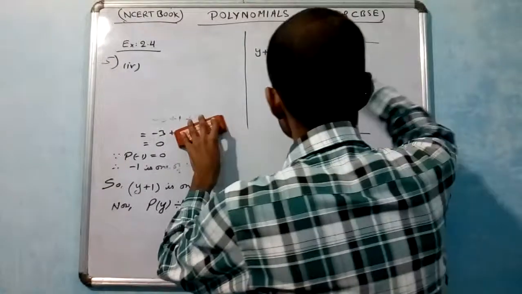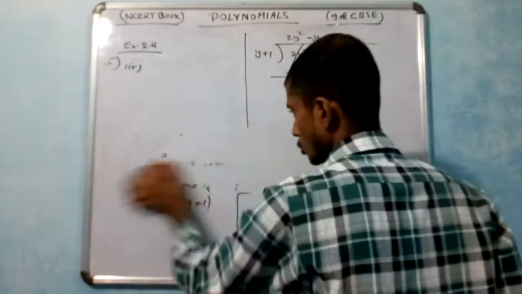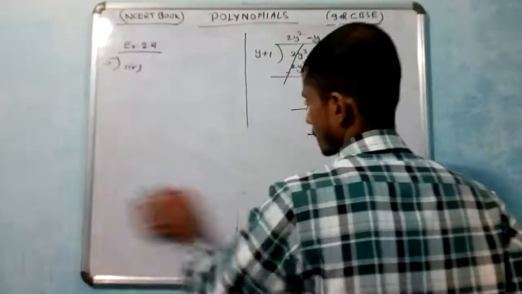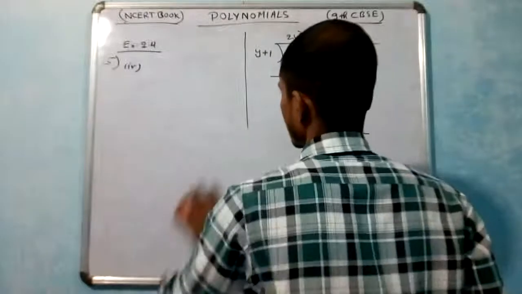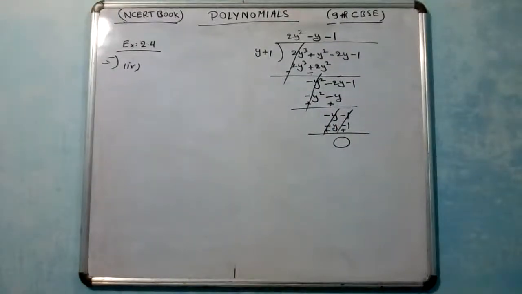Dividend is equal to divisor into quotient plus remainder. The remainder is 0, so we will write dividend is equal to divisor into quotient. Now tell me what should I write?